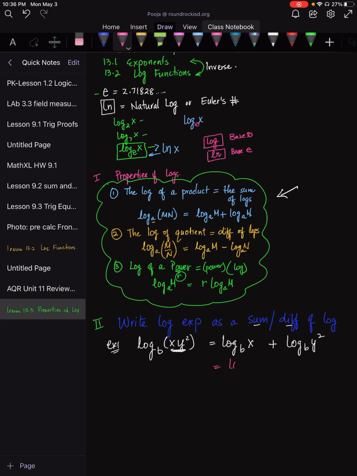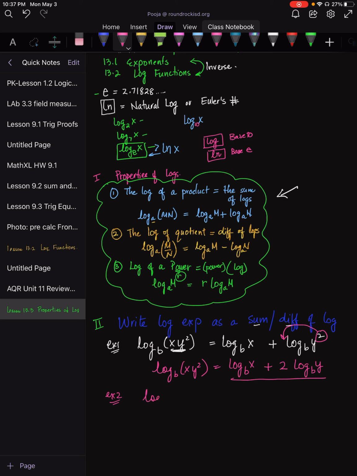This first one is simplified all the way, log base b of x. Plus, now you see that power here? So I can actually use this third property, which is the power property. That 2 can be brought to the very front, 2 log of y base b. And now I have expanded it as much as I could. Log base b of x y squared, you cannot expand that anymore.